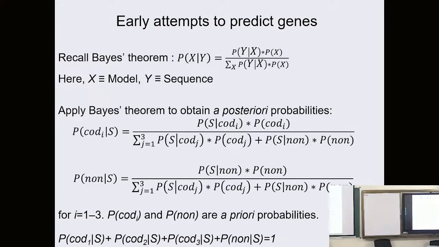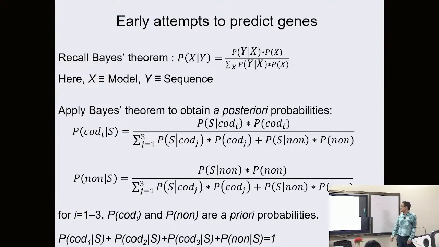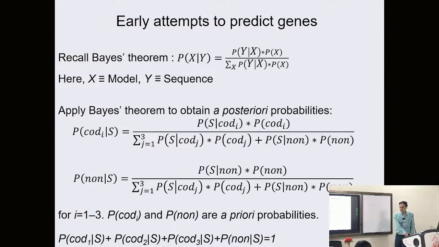Okay. So once these posterior probabilities were computed, then they were plotted. A window was moved over a genome, and for each sequence in the genome, these probabilities were computed, and then those probabilities were plotted.